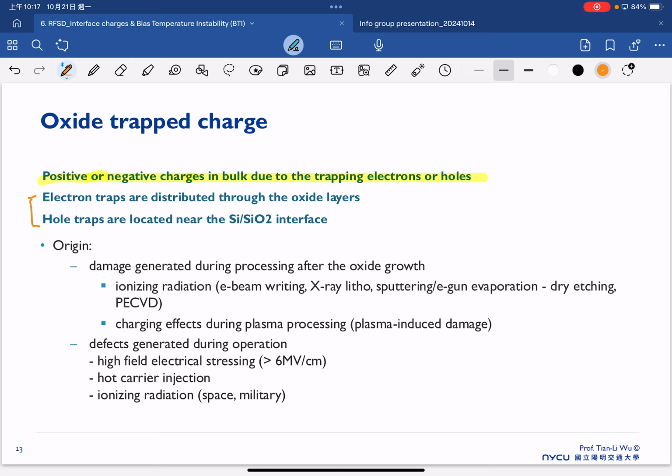In reality, electrons can also exist at the interface, and holes can also be distributed through the oxide layer. The most important thing to know is how this will influence our characteristics. Generally, if we have electron trapping, we have a positive shift.